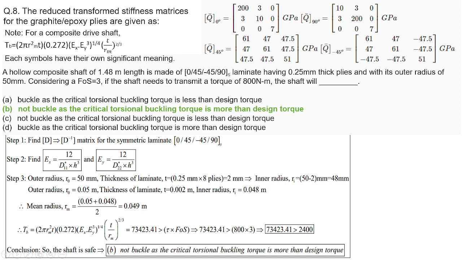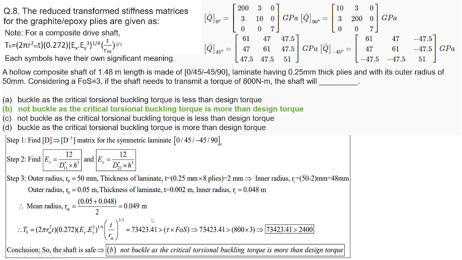Now they gave us the factor of safety as 3. The torque that can be transmitted by the shaft should be more than 3 times the torque that needs to be transmitted by the shaft.